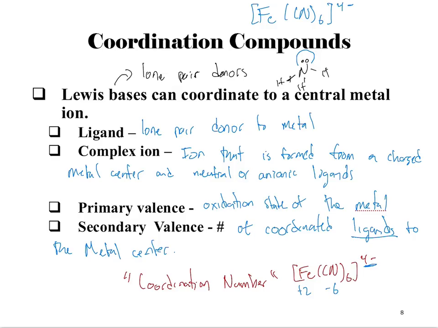And if you guys had to guess a shape for this complex ion, what would you think that it looks like? We'll talk more about shape in a little bit, but can you think of any polygons or shapes that have 6 corners?